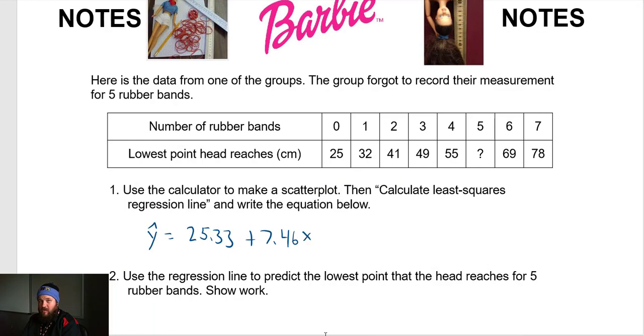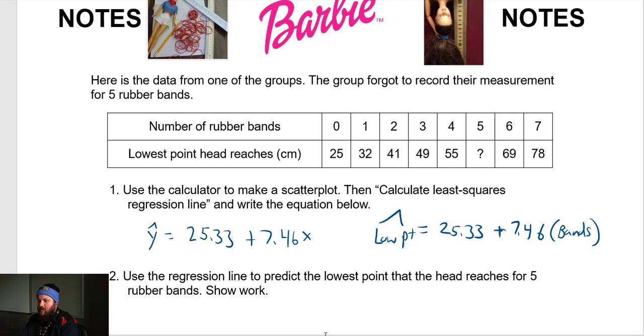In other words, they're saying the low point is 25.33 plus 7.46 times our rubber bands, okay?